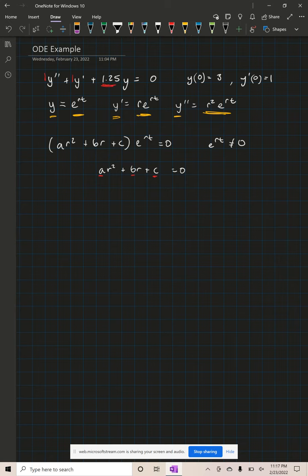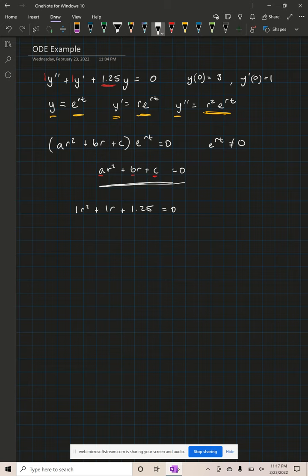So now that we have our general equation in this form here, we're going to use the quadratic formula to solve for our r. In this case, it's 1 times r squared plus 1r plus 1.25 is equal to 0.